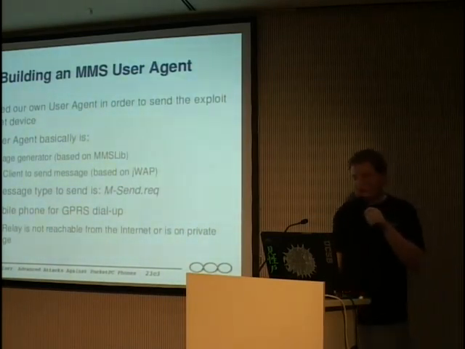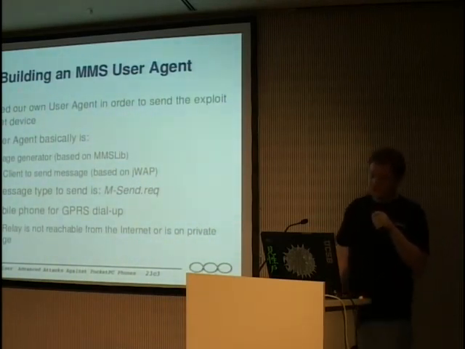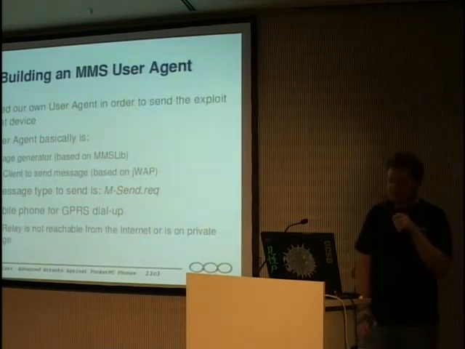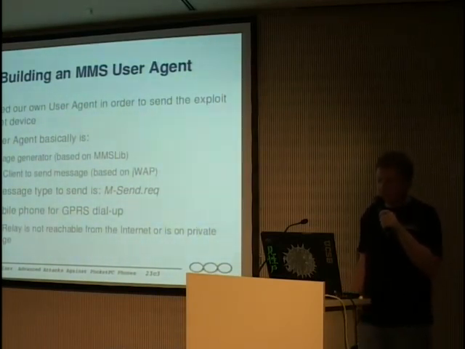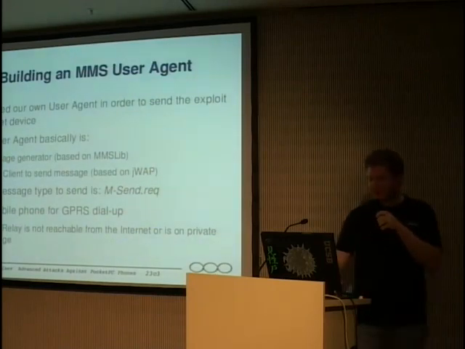Unfortunately, you really have to use GPRS because they block access to the infrastructure from the internet, or just have it on a private IP range. So you have to invest some money into GPRS.